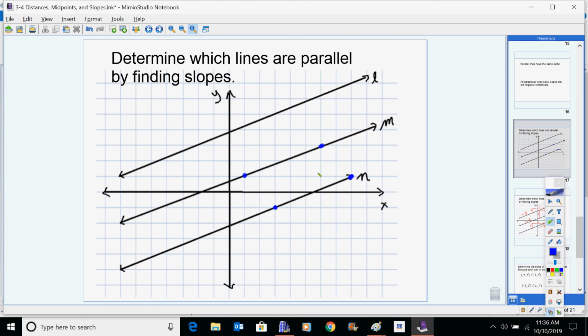This one's also 2 over 5. This one, here's a spot, and here's a spot. Is it 2 over 5 again? It is 2 over 5 again.